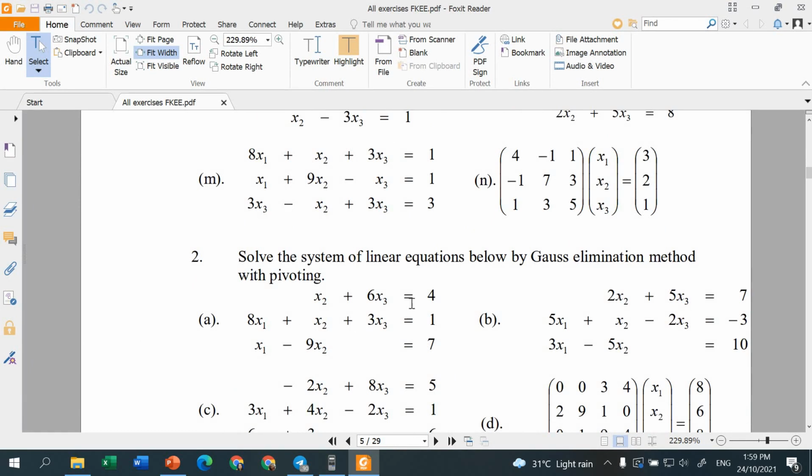Question 2a is not tridiagonal initially. However, if you make this one the first row, then this entry A13 becomes 0, this H1 becomes 0, and it becomes tridiagonal by swapping row 1 and 2.